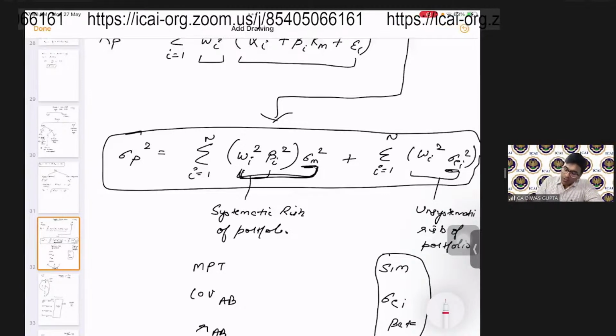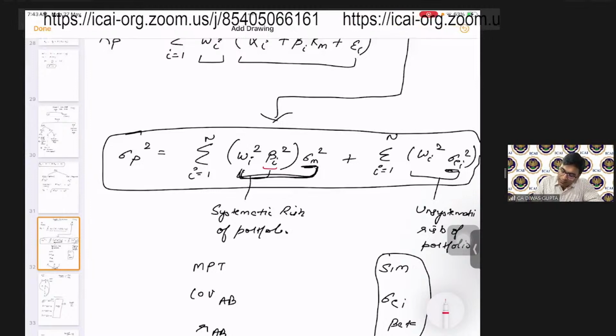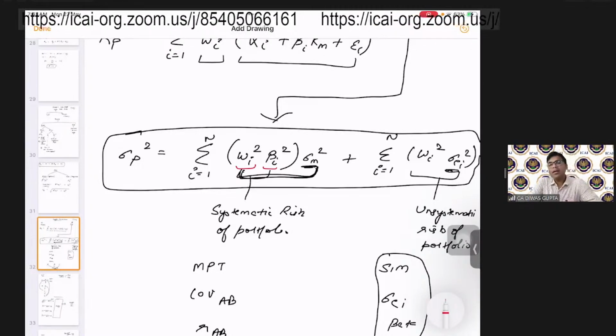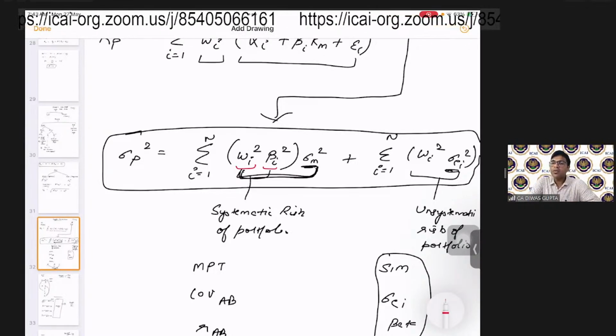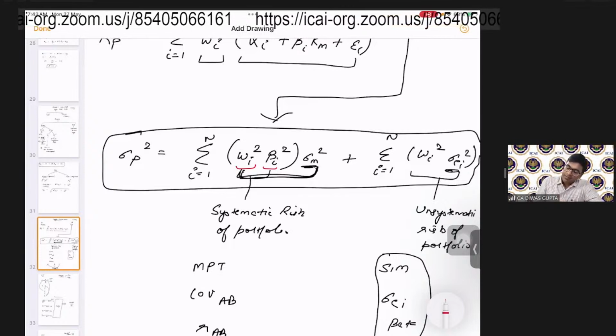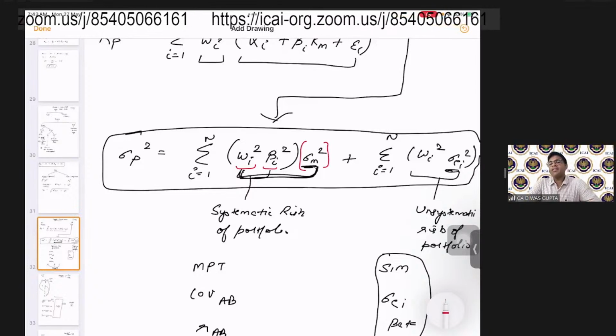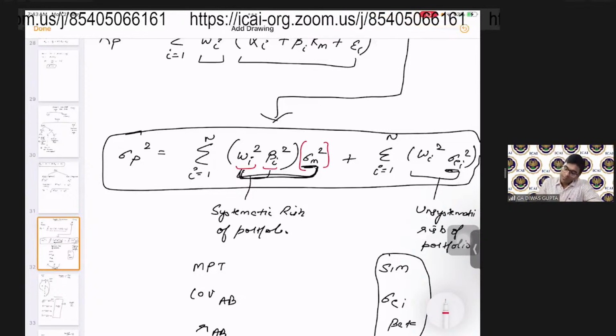So for example, assume in this case you have 5 different securities in a portfolio. First of all, you will simply take the respective betas, multiply them with the weights, everything at a square level, because we will do everything at a variance level. And multiply it with the variance of the market. This will give us the systematic risk of the portfolio.